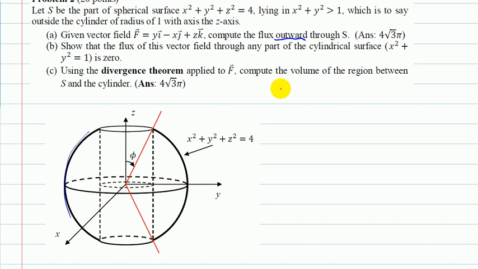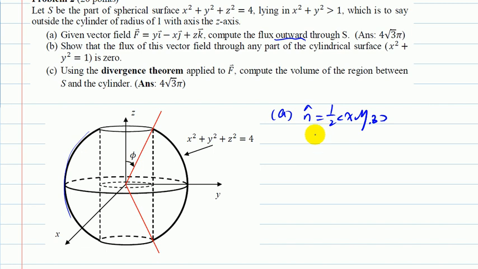Part A is a standard application of the surface integral. Because the surface is part of the sphere, you want to use spherical coordinates, and the n hat you will take as basically x, y, z over 2, because the radius of the sphere is 2.